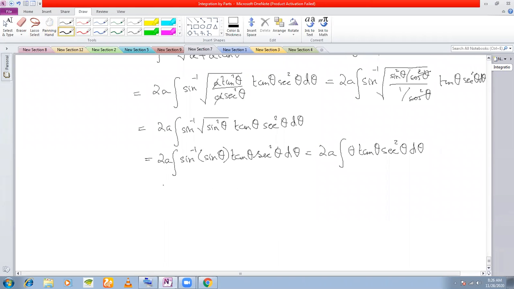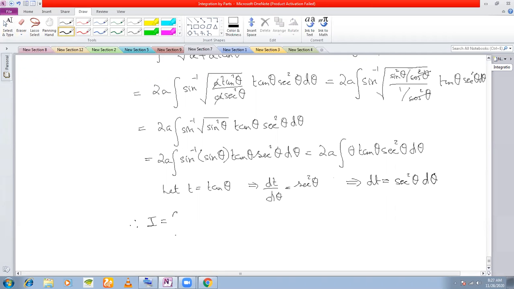Now again put t is equal to tan theta, because you know that the derivative of tan theta is sec square theta. That means dt d theta is sec square theta, so dt is sec square theta d theta. Therefore, what does I become?